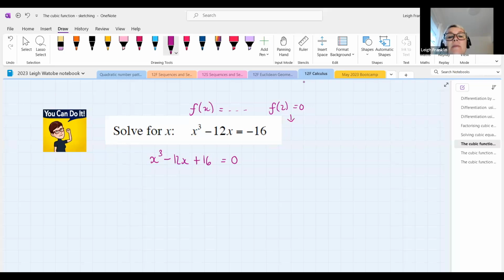What does that mean? It means that x minus 2 is a factor.